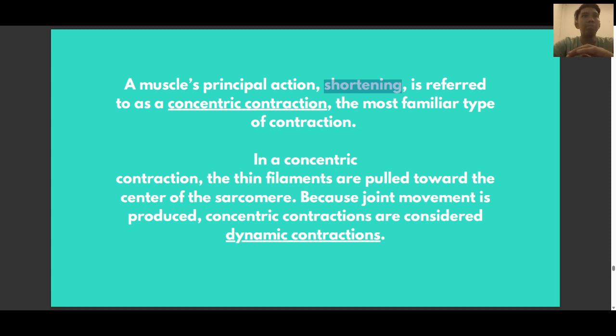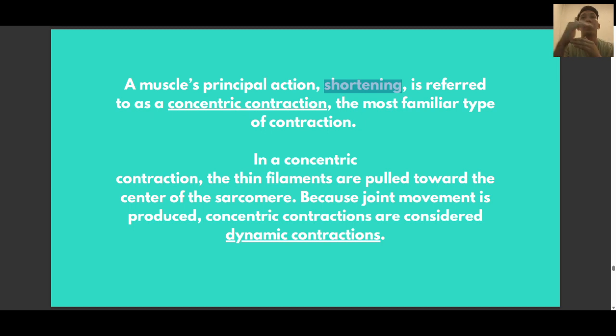To understand the muscle shortening, the concentric contraction is shortening, right? So let's recall our past discussion of how the thin and thick filaments slide across each other.